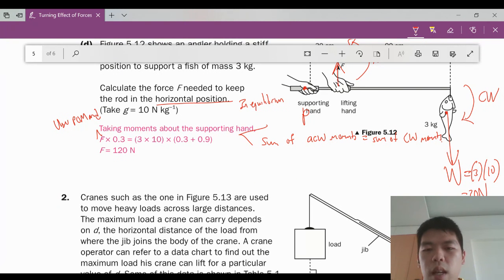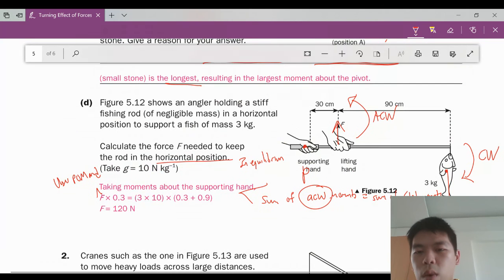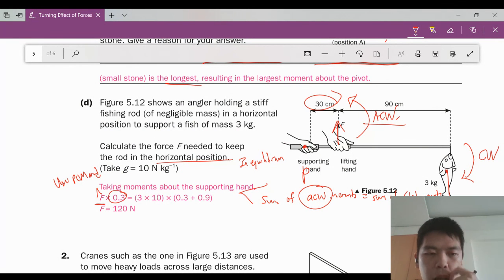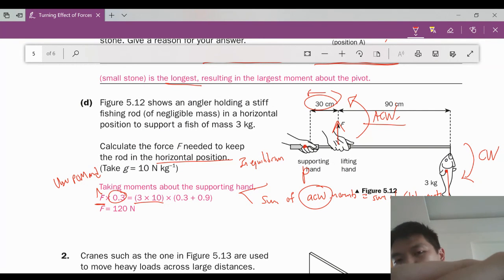So let's use anti-clockwise first. What is the force? F. What is the distance? 30 cm, so we put 0.3 meters. How about for the other one? We take 3 times 10, and the distance will not be only 90. The distance will be 90 plus 30 because you want it from the pivot.